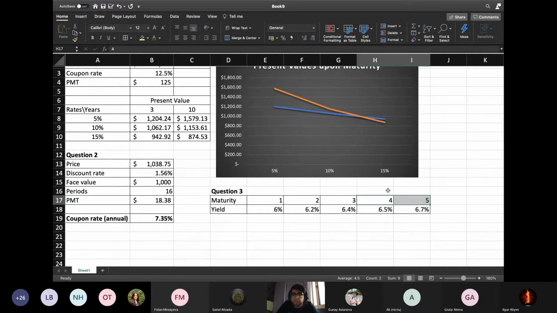After 3 years, it will be traded between year 3 and 5. And first we will find what will be the yield of this bond after 3 years, with 2 years maturity.